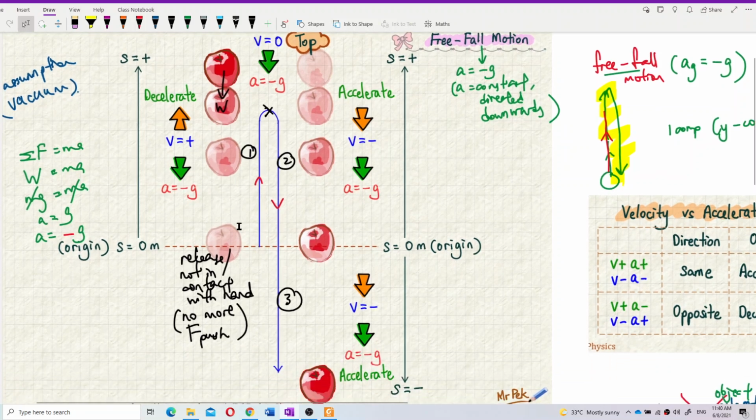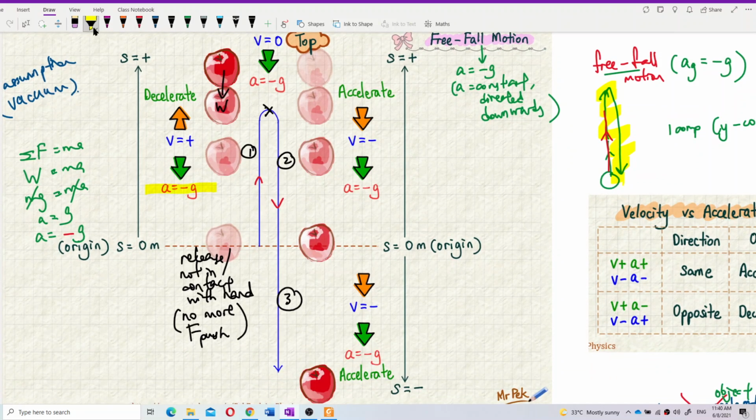Acceleration is always constant all the time, because all the time the total force is the weight. The total force is also always constant and downward; the total force is the weight only.